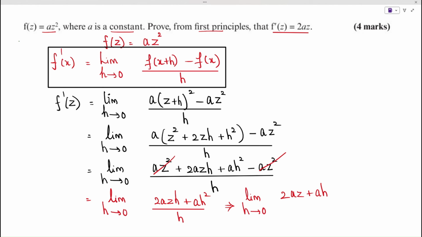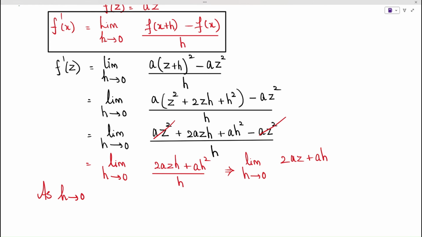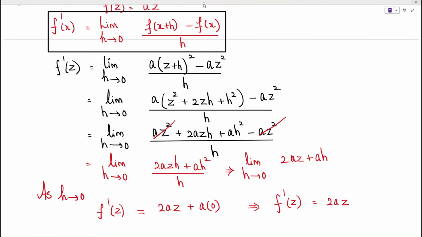Now, as h tends to 0, we can substitute it in as f prime of z is equal to 2az plus ah, and we can substitute 0 for h, so f prime of z is equal to 2az, as a times 0 is 0.